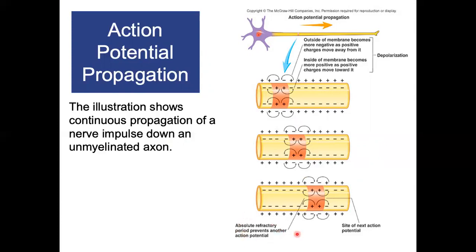Absolute refractory period prevents another action potential. So the fact that these guys just depolarized and now they're in absolute refractory period means they're inactive. They can't depolarize again. So that action potential has to jump to this region. This region depolarizes and then it's done. It can't be stimulated again for a certain amount of time. Then this region depolarizes. And so you're making sure that that action potential goes down the nerve the way that it's supposed to.